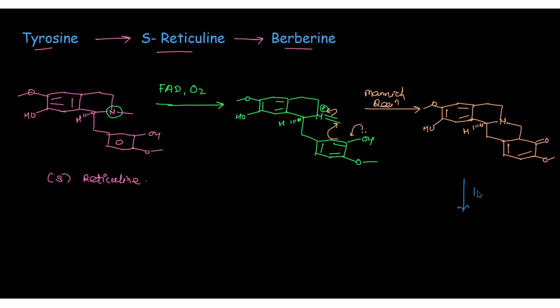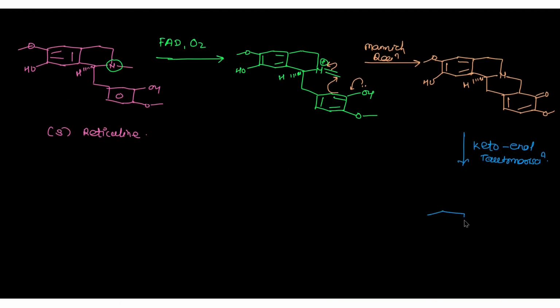In next step, keto-enol tautomerization takes place, and we get scoulerine. This is known as S-scoulerine.